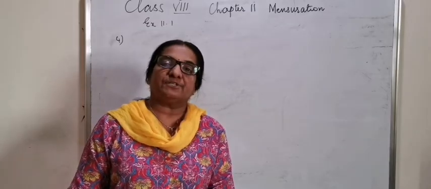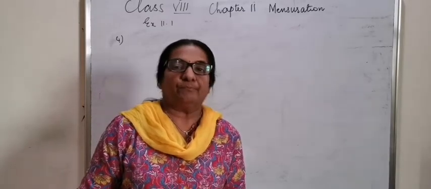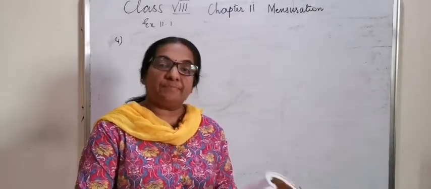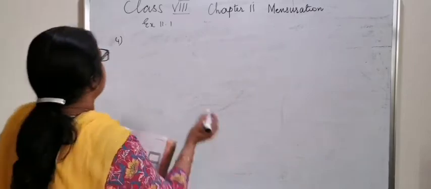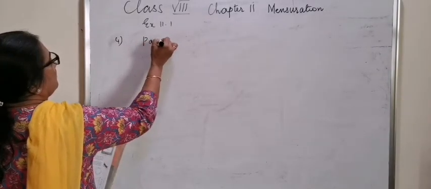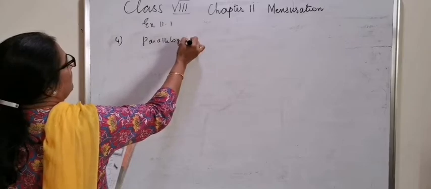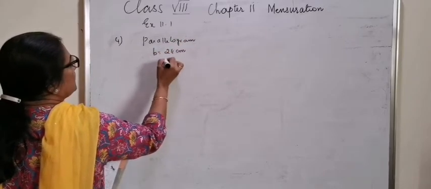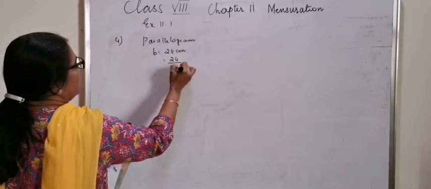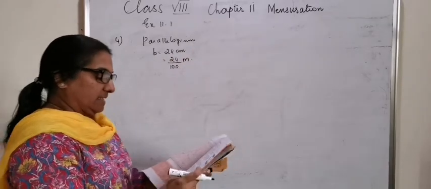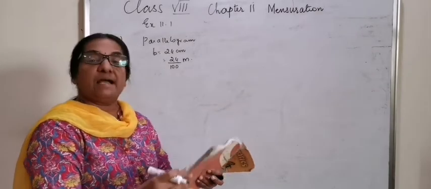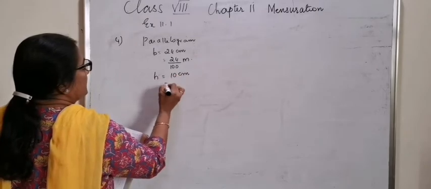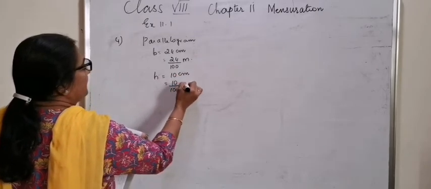The first concept is to make the units same. By the question, area of parallelogram needs to be found out, and the base is 24 centimeter, which is the same as 24 by 100 meter. And then the corresponding height is 10 centimeter, which is the same as 10 by 100 meter.